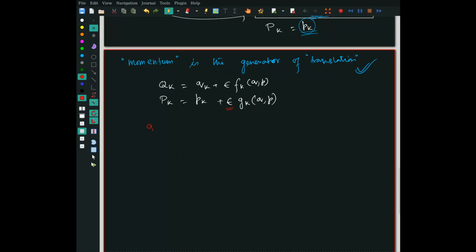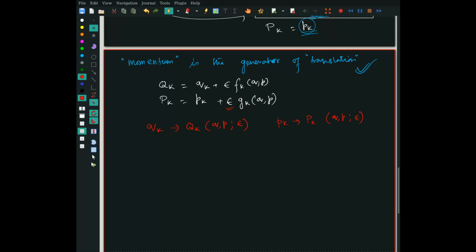So basically, qk goes to another function Qk, which is a function of the old coordinates and parameterized by epsilon. Similarly, pk goes to Pk, and it is parameterized by epsilon.